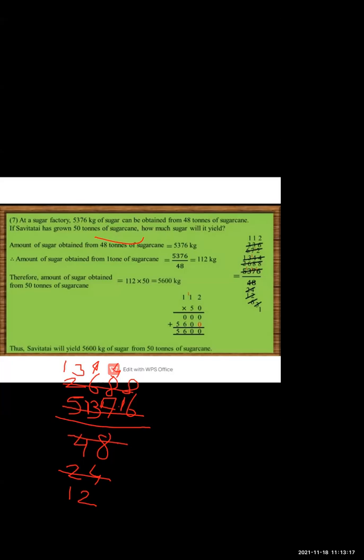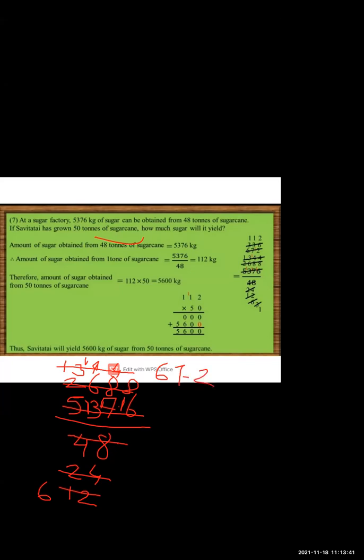Now 12 is there, last is 2 and 4, so again this will be divisible by 2. 2 6s are 12. Here I am dividing, 2 6s are 12, 1 remain, we will give 1 to 4, 2 7s are 14, and 2 2s are 4.